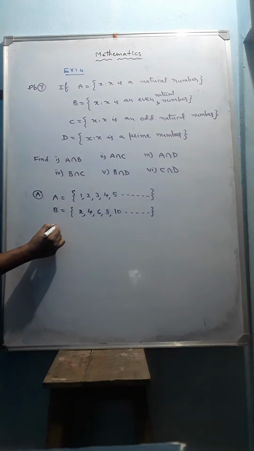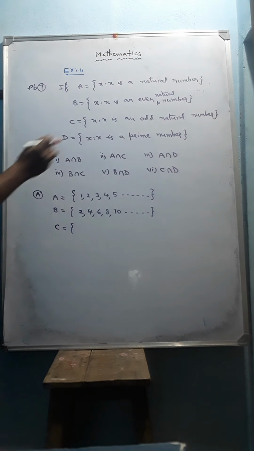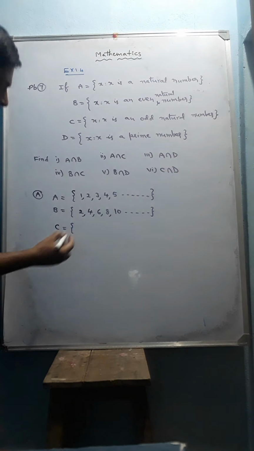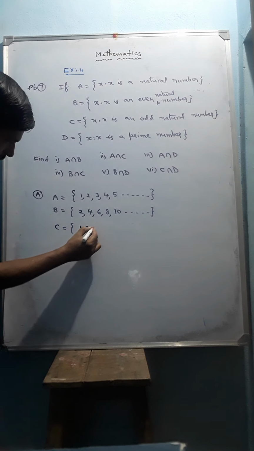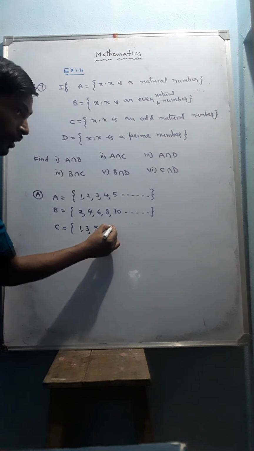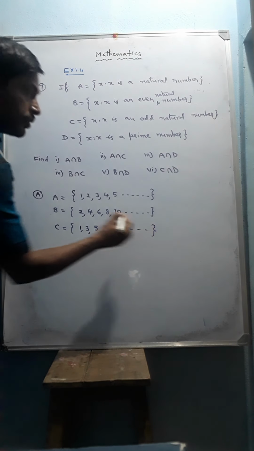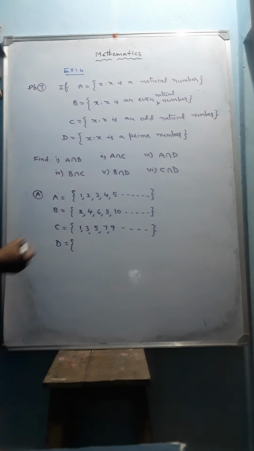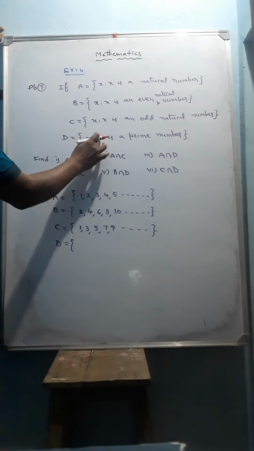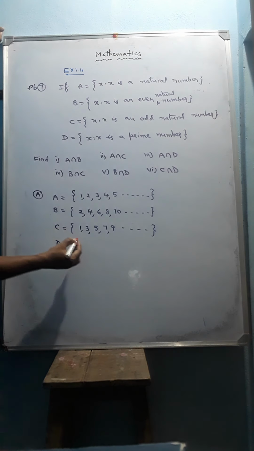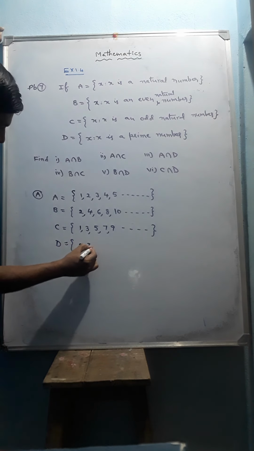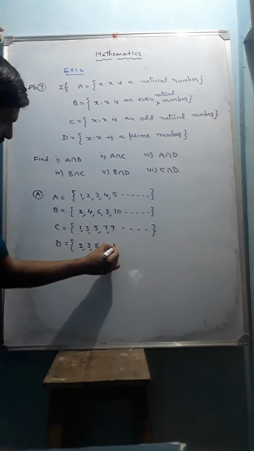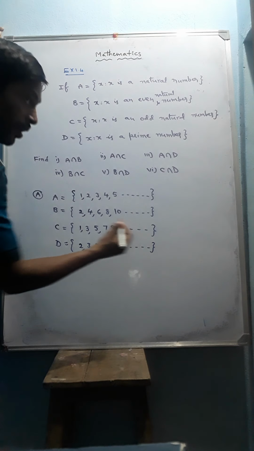Next, C is equal to set of x is an odd natural number. So 1, 3, 5, 7, 9 and so on. Next, D is equal to set of x such that x is a prime number. So 2, 3, 5, 7, 11 and so on.